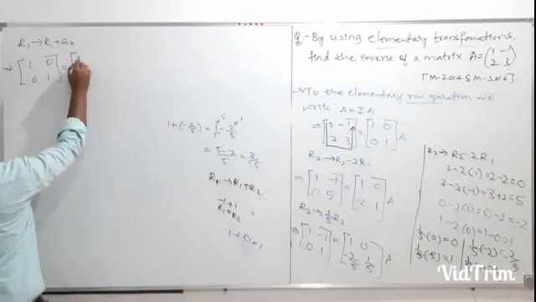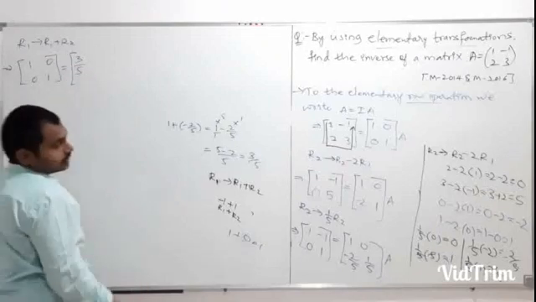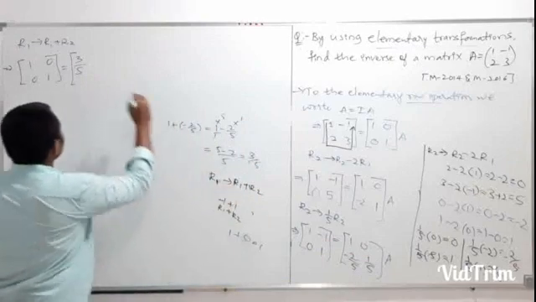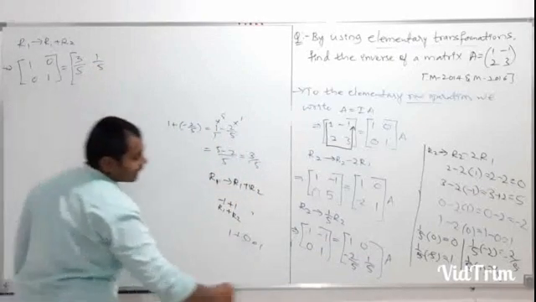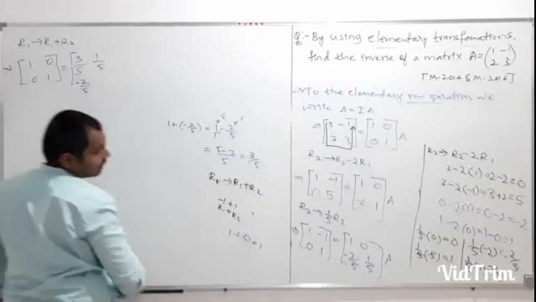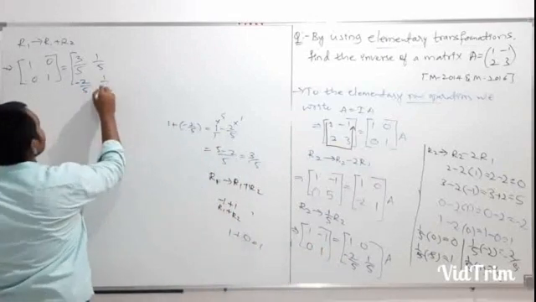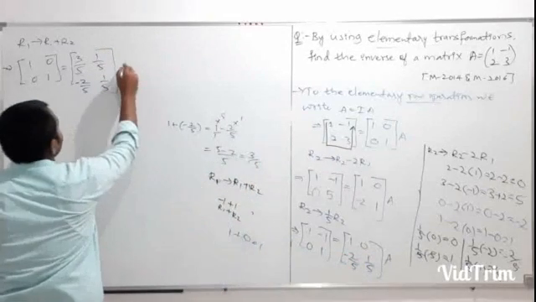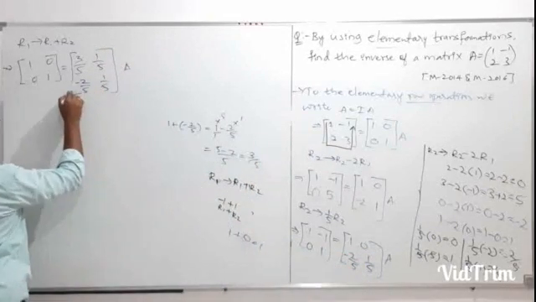In place of this we have 3 by 5. Next, 0 plus 1 by 5 is 1 by 5 itself, and row 2 is as it is, that is minus 2 by 5, and next 1 by 5. A is as it is.